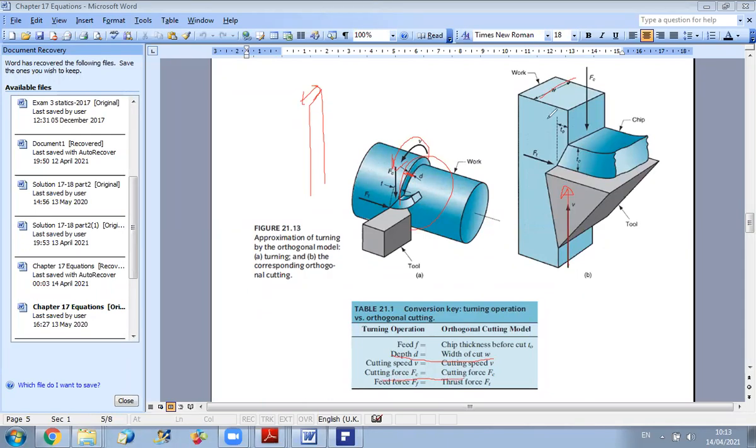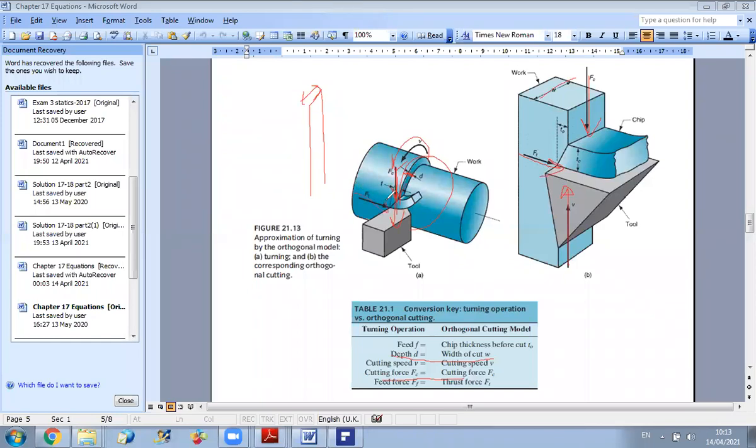In both you have a cutting force, Fc, which is collinear with the velocity. So at each cutting step, at the contact point you can draw the linear velocity. This will correspond to the direction of the cutting force, and you have the thrust force that will be perpendicular to the cutting force.